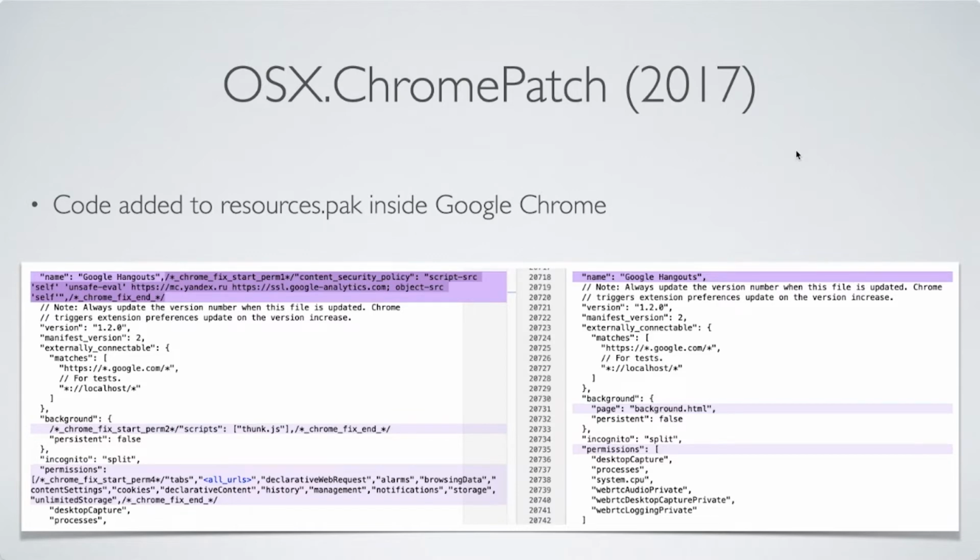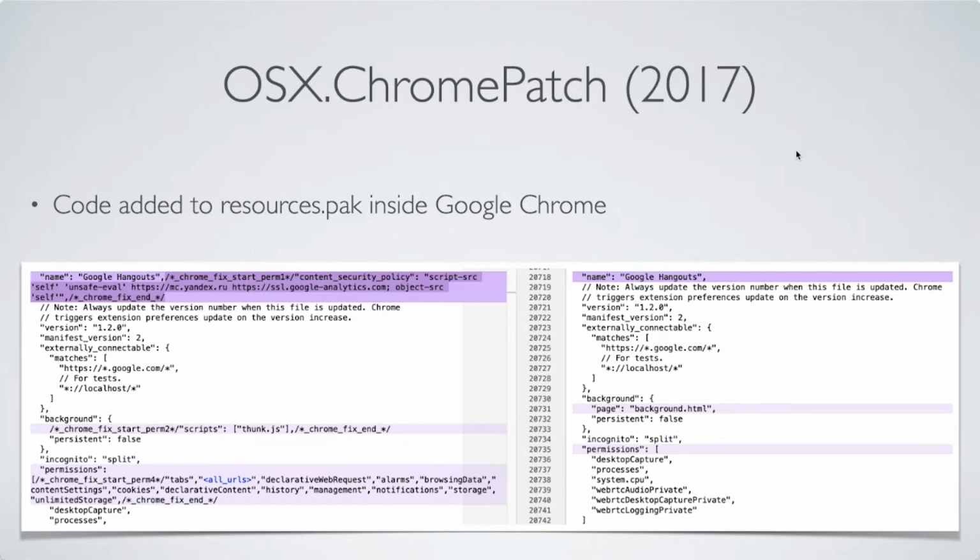This file has all kinds of things inside of it, including some JSON that contains scripts and settings. You can see here on the right the legitimate unmodified copy of resources.pak, just a small snippet from that file.